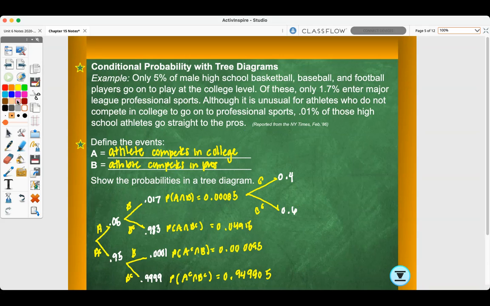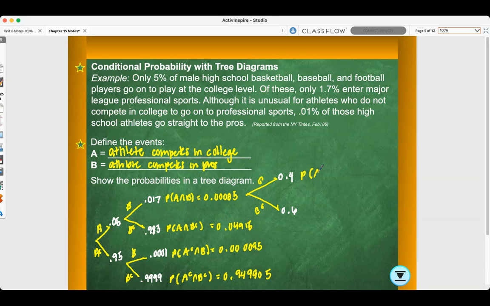And then when I multiply these, this would be the probability of A and B and C, which equals 0.00034. This one would be the probability of A and B and not C, which would be 0.00051.